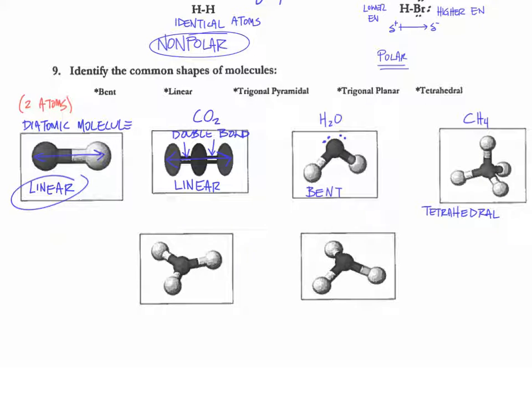Now, the two on the bottom are a little trickier. Both of them have 1, 2, 3 atoms bonded to the center. So in this case, they are both trigonal. Now, this one on the left is flat.